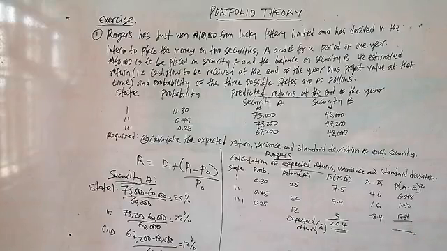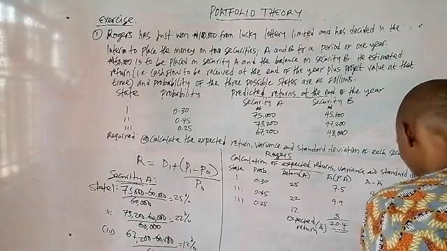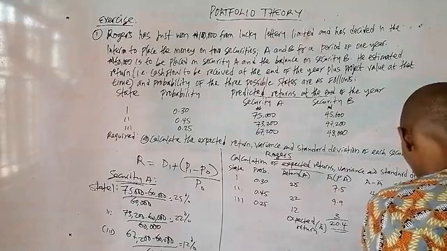Sum it up. So 6.348 plus 1.152 plus 17.64, we have 25.14.